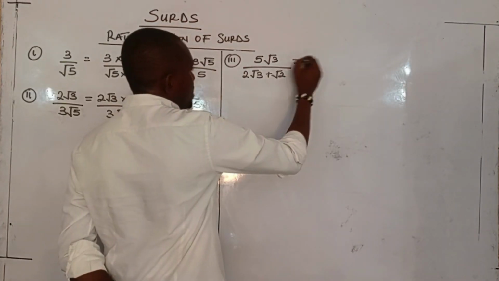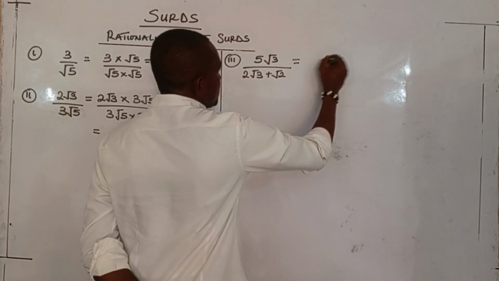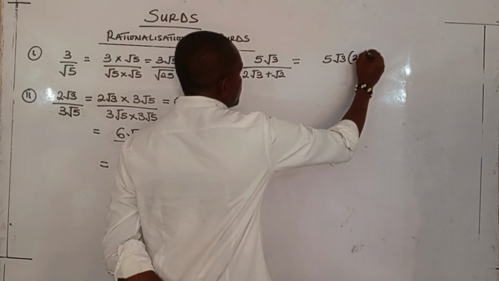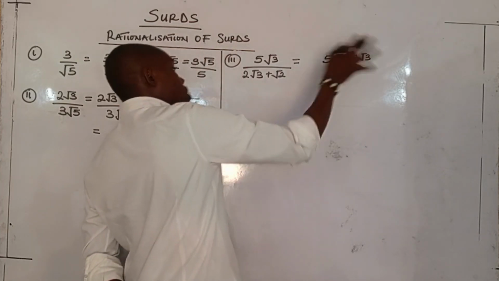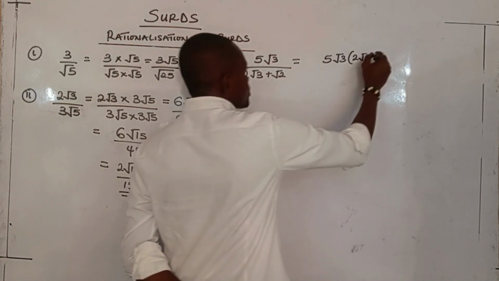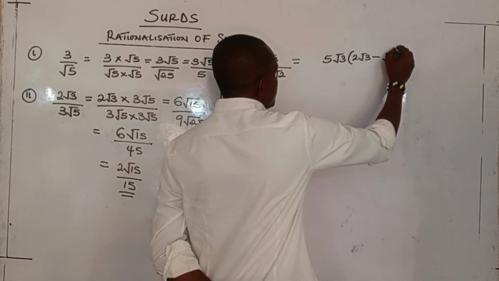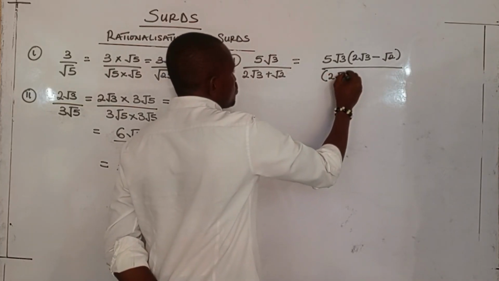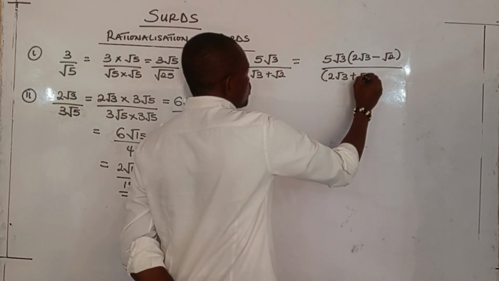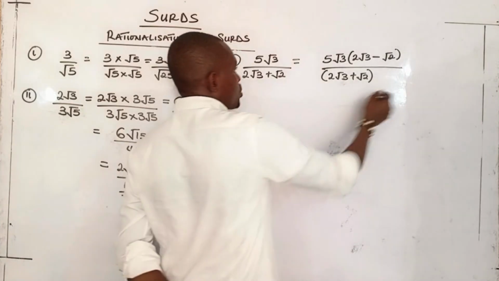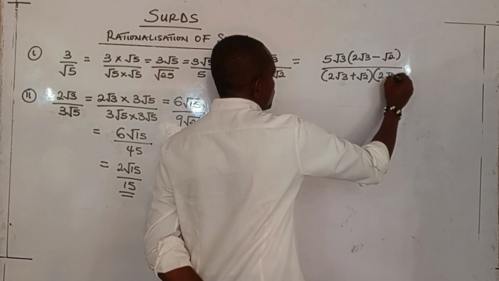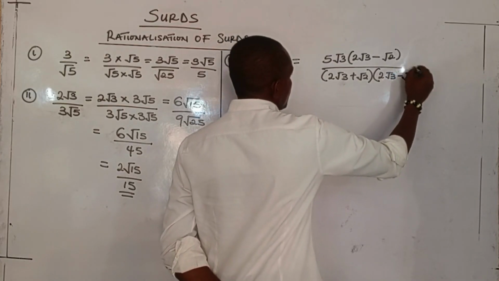So if we go ahead, we have 5 root 3 multiplied by 2 root 3, and because we are rationalizing, the sign changes to minus root 2, all over the original denominator, 2 root 3 plus root 2, multiplied by 2 root 3 minus root 2.